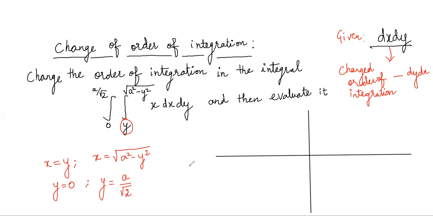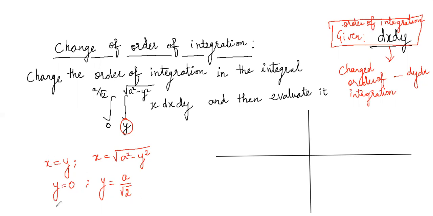So we are getting these four curves from these limits. And the order of integration in the given problem is dx dy. This is the given order of integration.